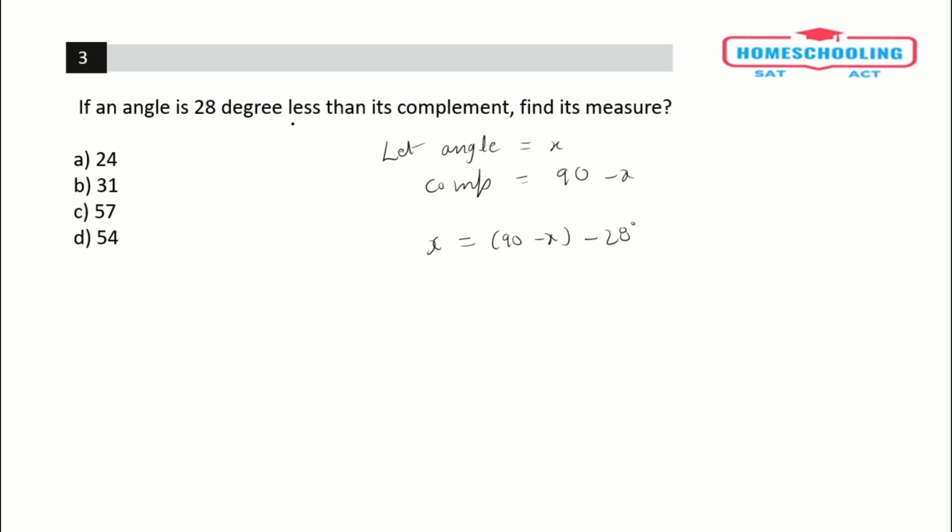Now we can calculate x here. We will take x on that side, so x plus x is 2x, and 90 minus 28 is 62. So x would be 62 divided by 2, that would be 31. So the answer would be B, 31.